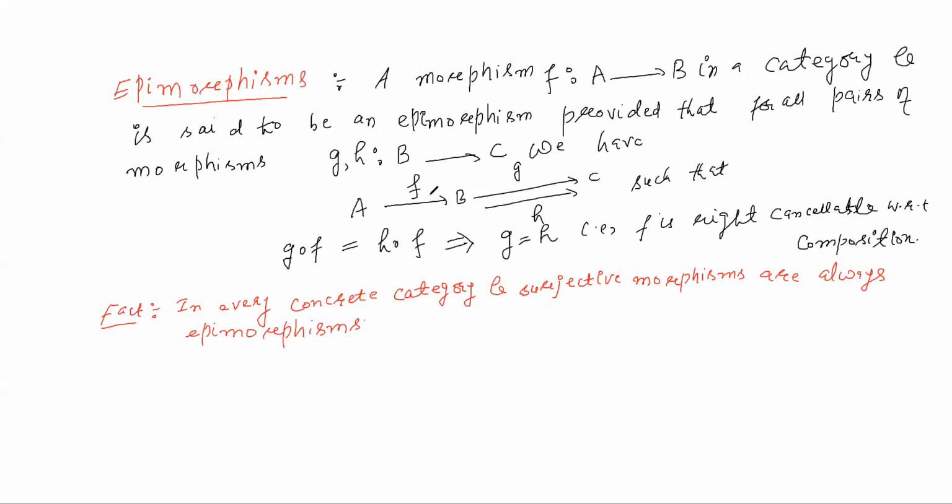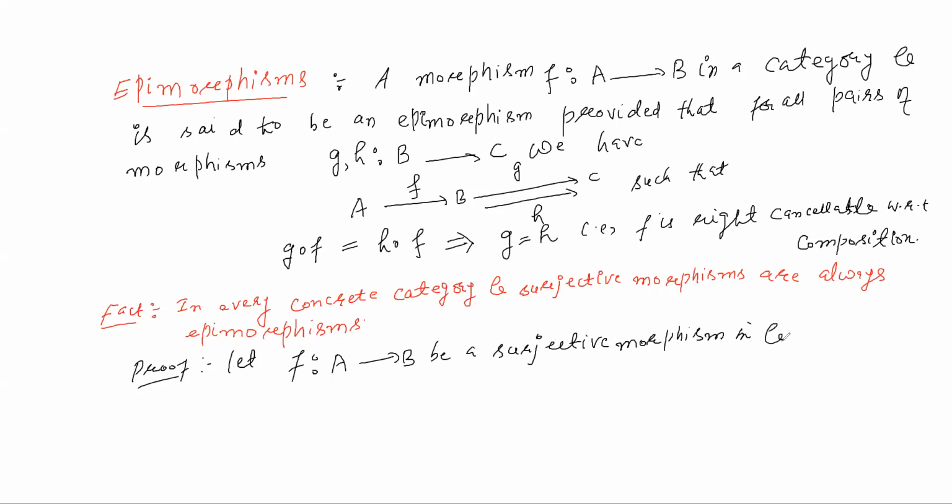Now see, it is a straightforward proof. Let f from A to B be a surjective morphism in C. So we show that f is EP.